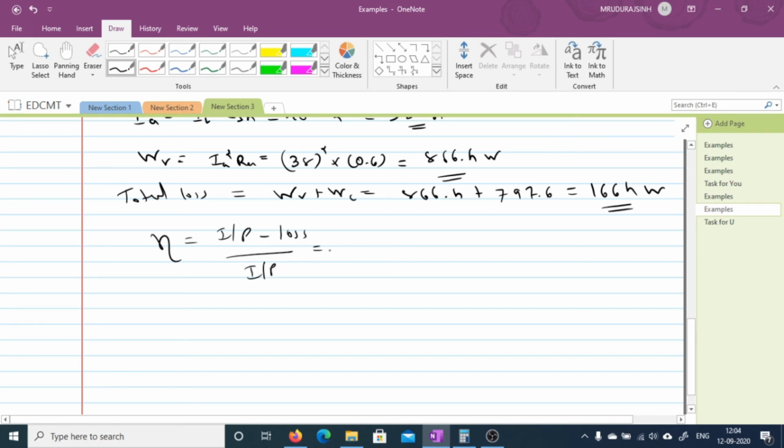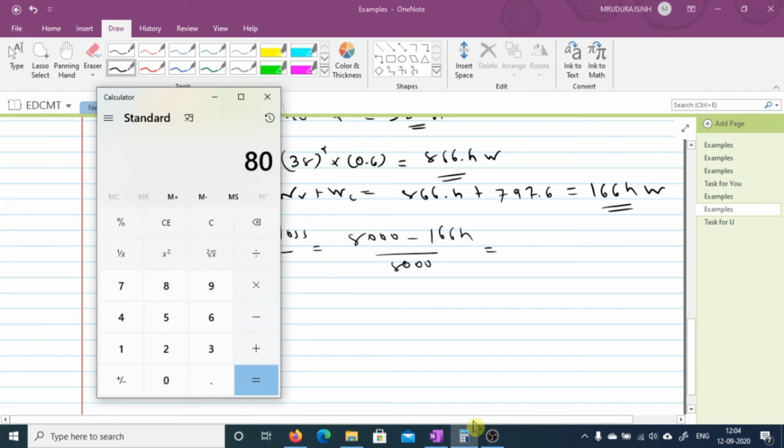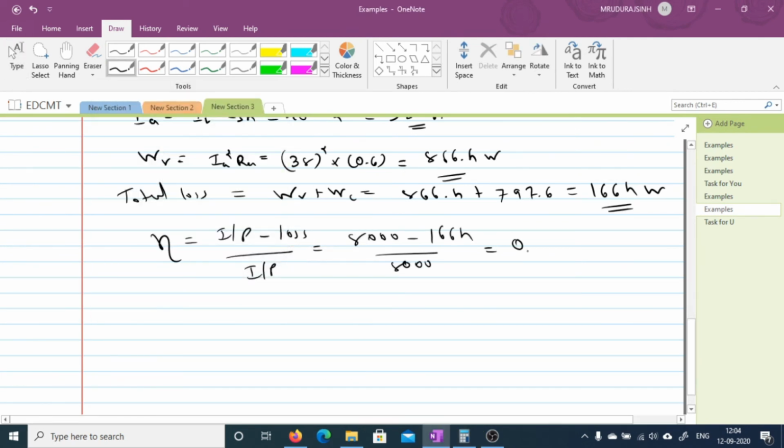Our total input is 8 kilowatt, so 8000 watt minus 1664 divided by 8000, which is 0.792. To convert this into a percentage we multiply it by 100, and this gives us the efficiency of 79.2%. So this is how we can get the efficiency.